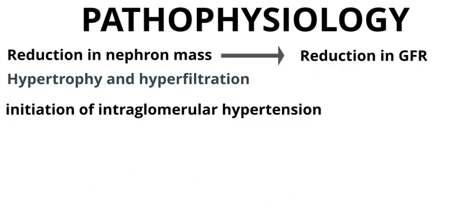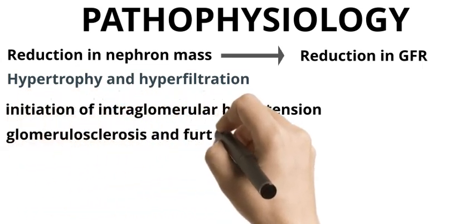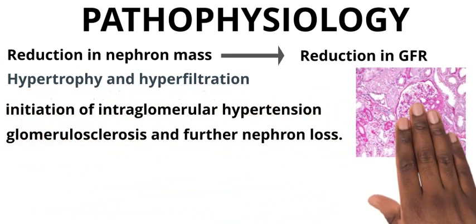These are changes that occur in order to increase the GFR of the remaining nephrons, more of maintaining homeostasis. However, these changes could be of harm to the glomeruli as they lead to sclerosis and further loss of the nephron.